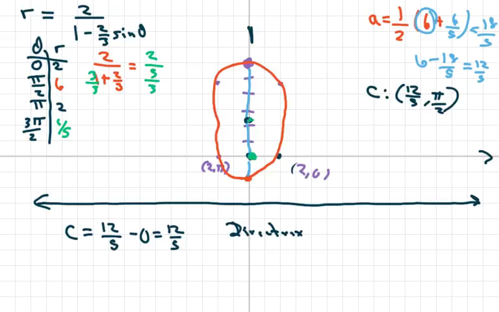So basically we want to add the 12/5 plus 12/5 right here, and this would be pi over 2. That's 24/5, which is really close to 5. So I'm going to come up here, and this is the focus here. So 1, 2, 3, 4, 5 right there. Okay, and this was 24 over 5.